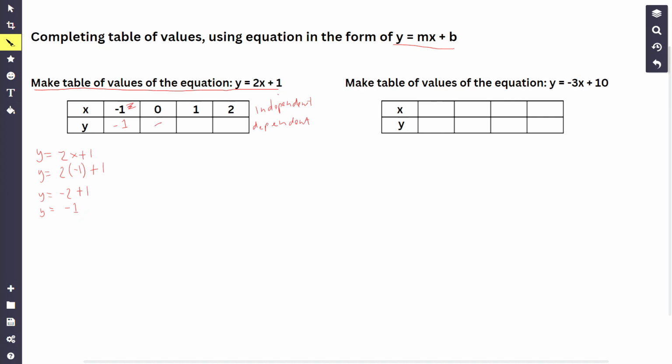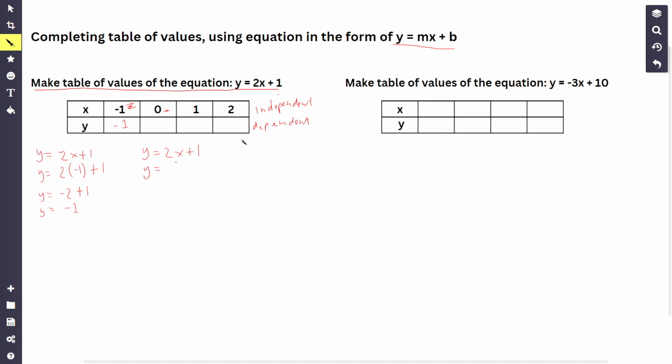Let's go to the next given. Now we will solve for the value of y when the value of x is 0. Same procedure. You can pause this video and try doing it on your own. But okay, we will continue. So y equals 2x plus 1. We just replace the x with 0.